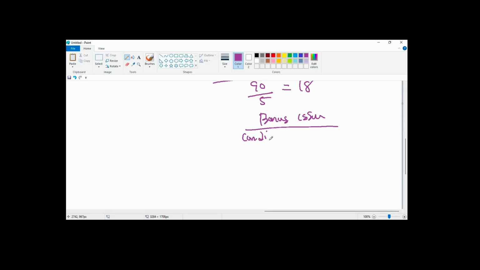Condition for the bonus issue. He said it's 1 for 3. That means I have 3, you are giving me 1, making 4. So 4 over 3. The number of shares for the bonus issue.